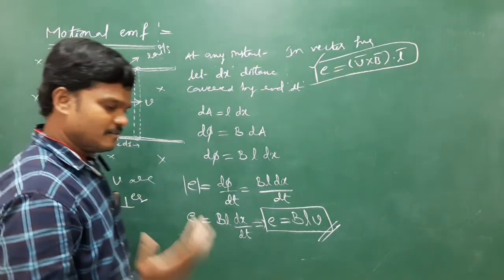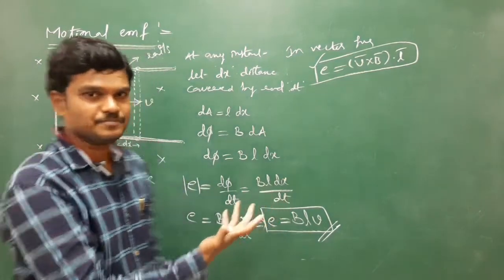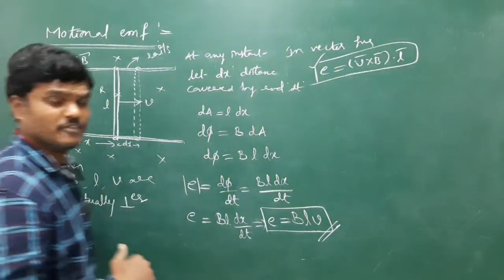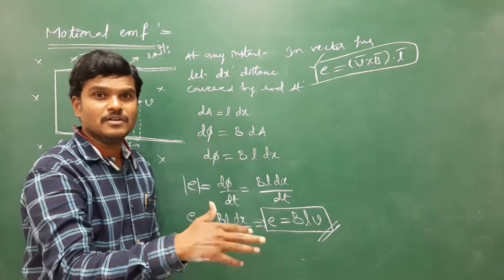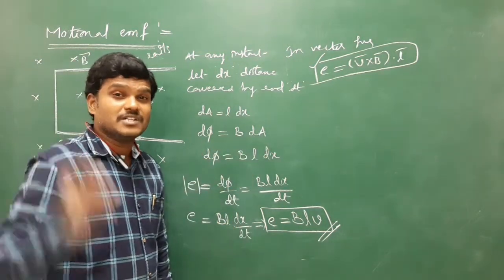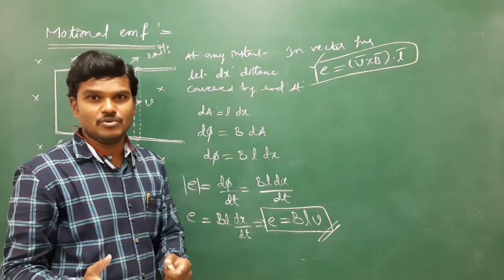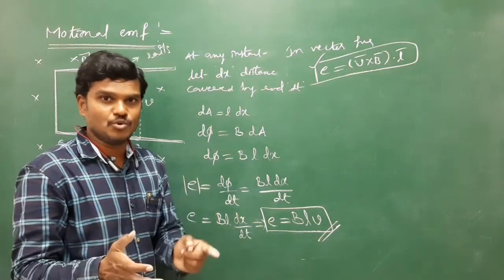Otherwise, we can use some other rules also, like Fleming's right hand rule, and later on I am going to use the right hand palm rule that I covered in moving charges and magnetism. I hope that you remember the right hand palm rule.